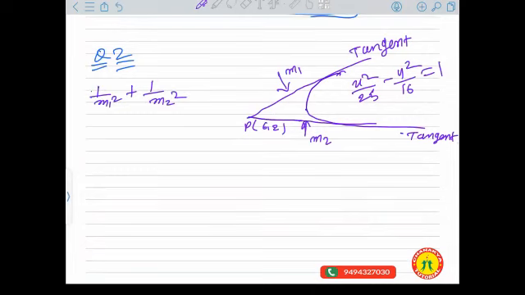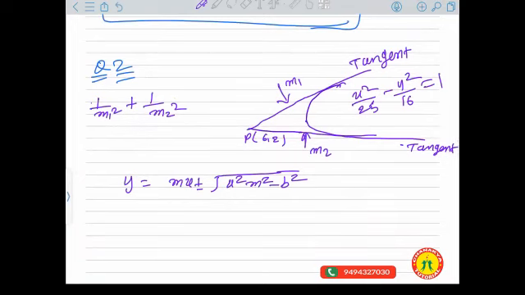So we know the equation of tangent: y equal to mx plus minus root under a square m square minus b square. Now this tangent line passes through (6, 2).